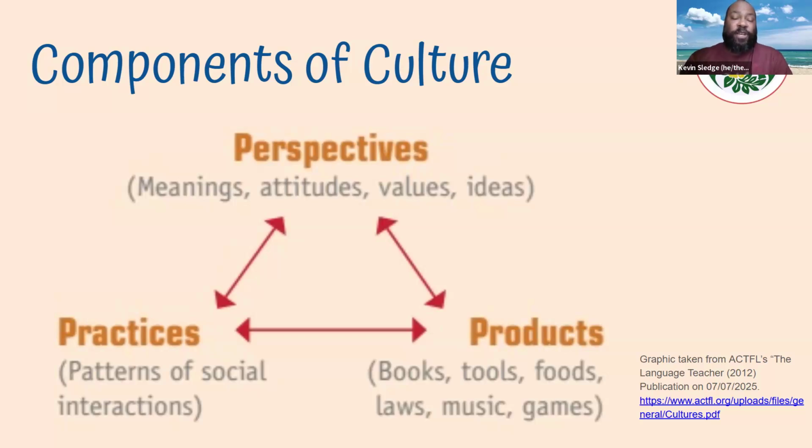What do people do in the culture? And so, again, those things, practices and products, are easy to identify. And through understanding of those things, through reflection on how those things relate to each other, we can gain a better understanding, or our students can gain a better understanding of the meanings and the attitudes and the values and ideas that people of a certain culture have.